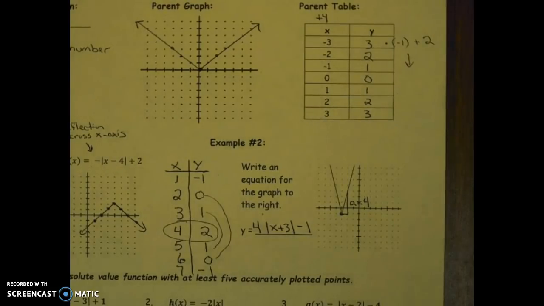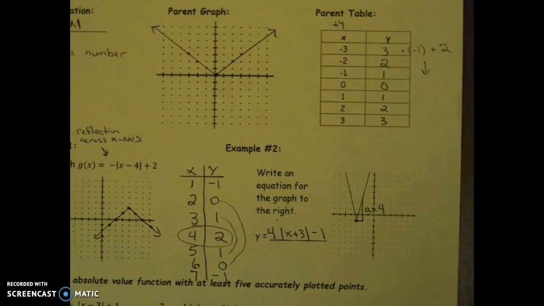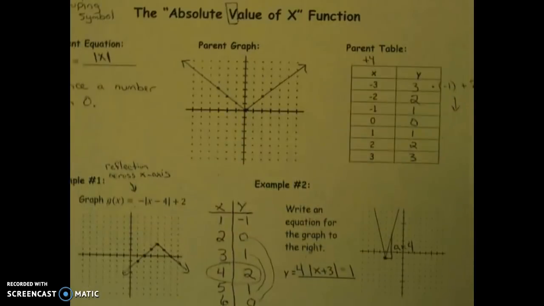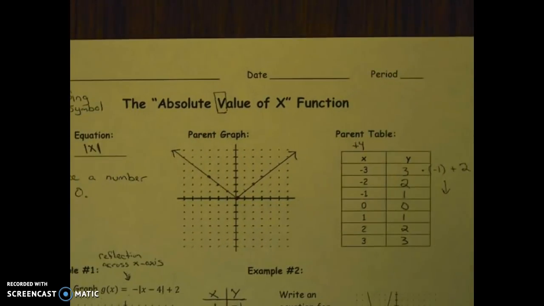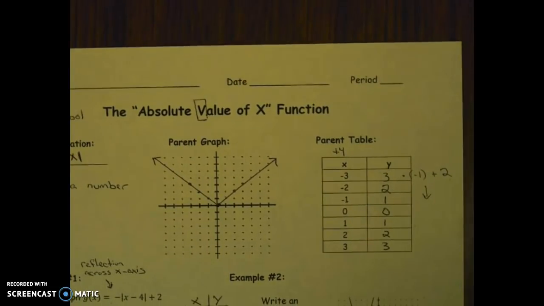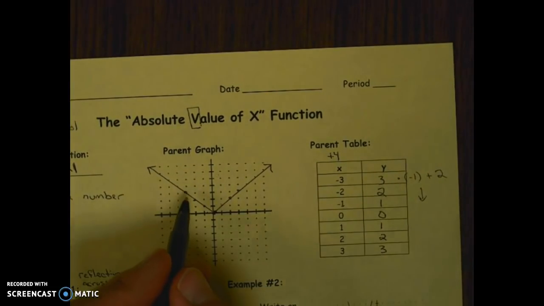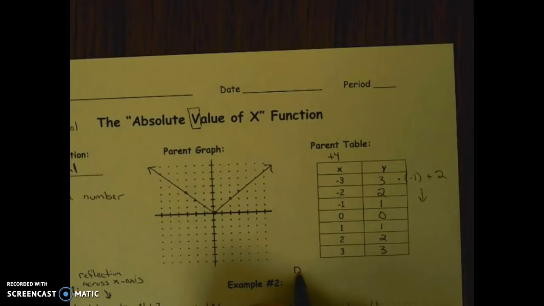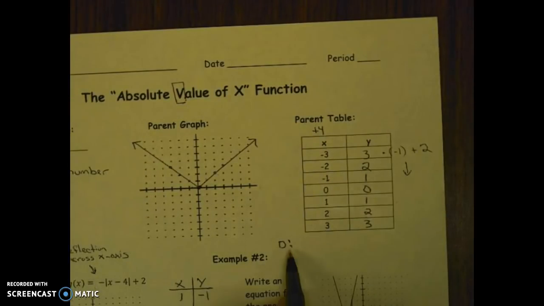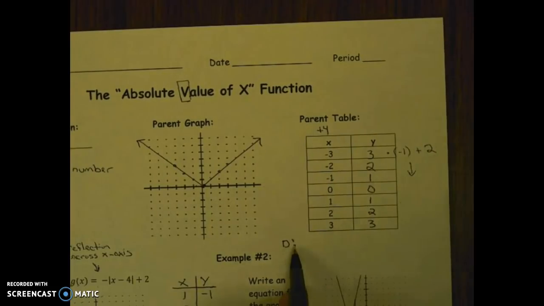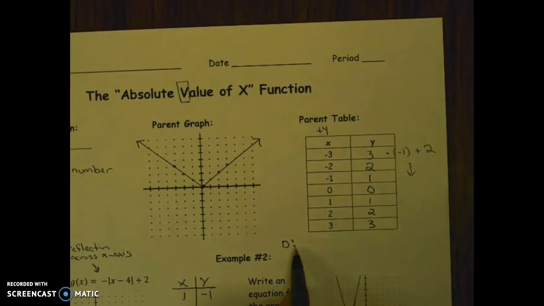Okay, last thing I want to go over real quick is how do you write the domain and the range for an absolute value? Because we can always use more practice with that. So let's take a look at the parent. I'm going to stay in interval notation. Domain is furthest left to furthest right.